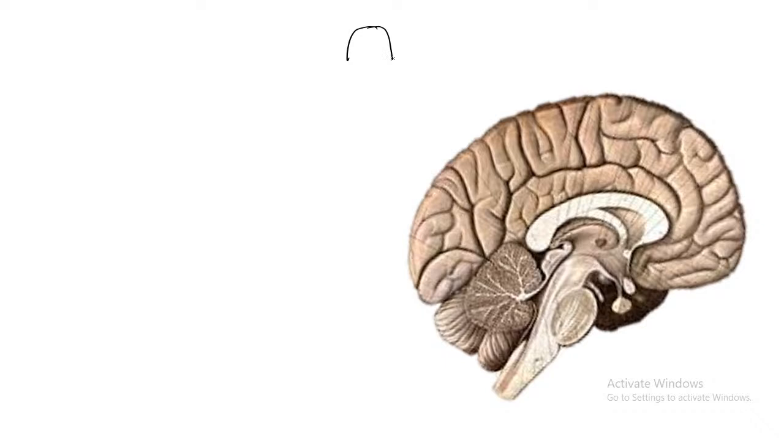You take the head of a person. Suppose the brain will be somewhere over here. You cut it open like this and you see the head from a sideway view, and over here you get to see your brain. This is the view that I am talking about. This is the sagittal section of the brain.